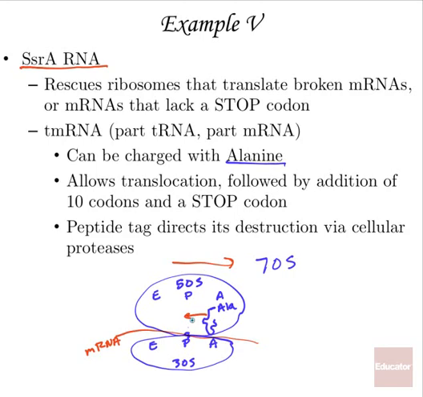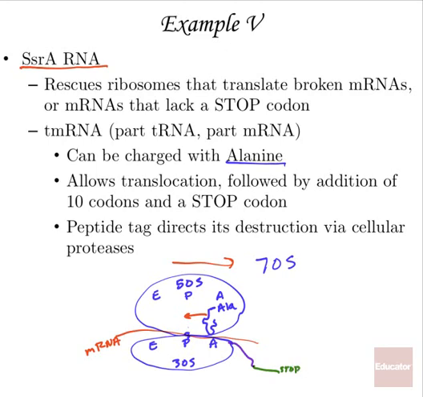And what it does is translocation is able to occur, and then it's followed by 10 codons and a stop codon. So the protein that's coming out, maybe it was stalled right there, but then you have this tag that is added. We'll make it in green. So it's 10 codons, and then a stop codon.